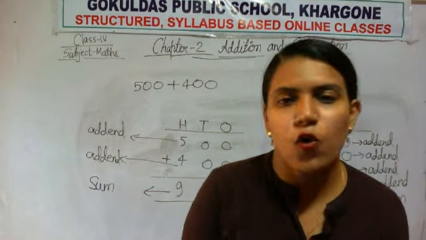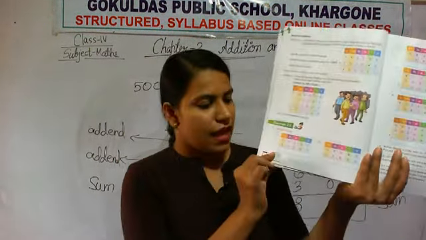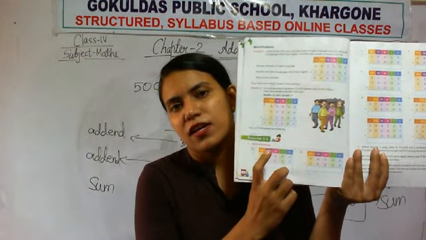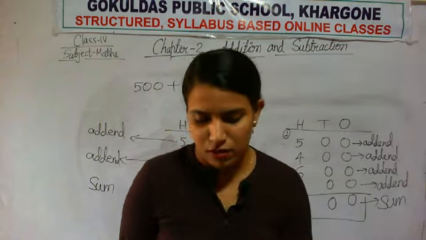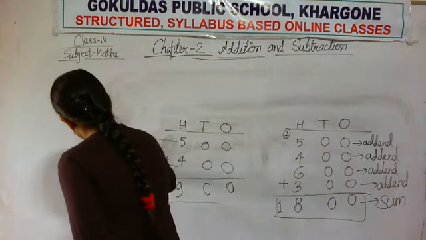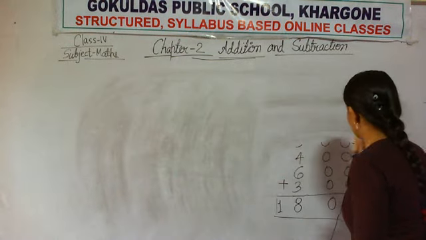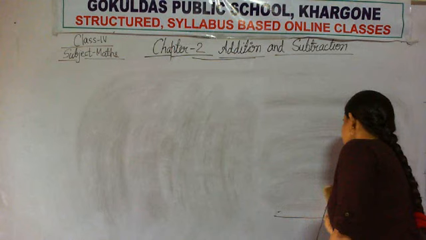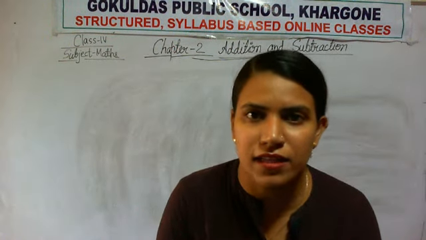So now open page number 22 of your book, exercise 2.1. Open page number 22. Bring out your pencil.